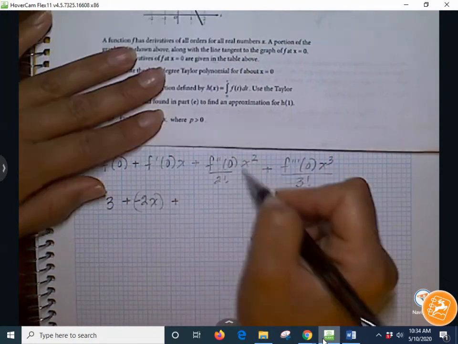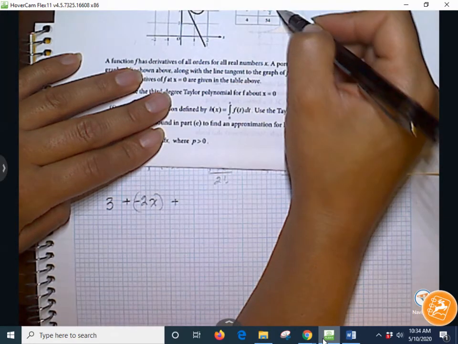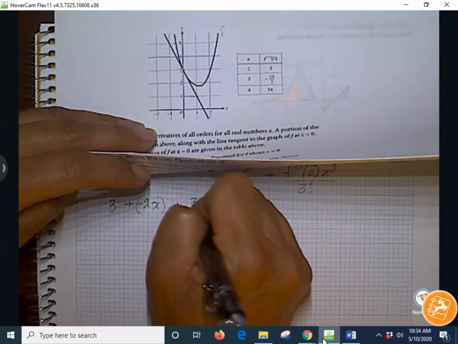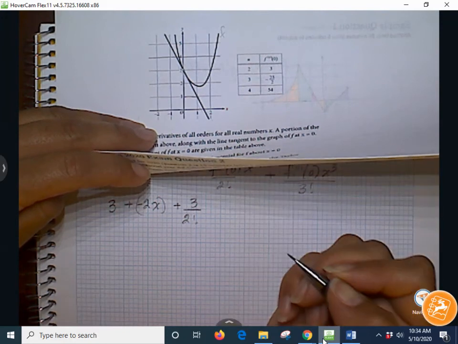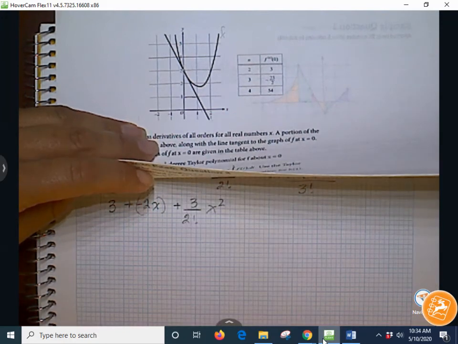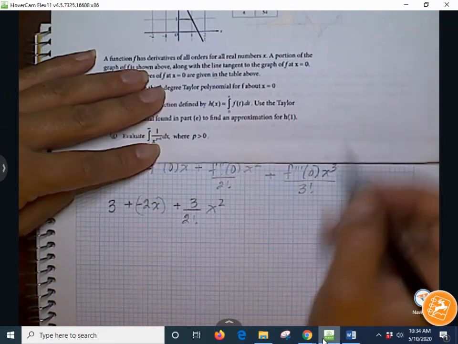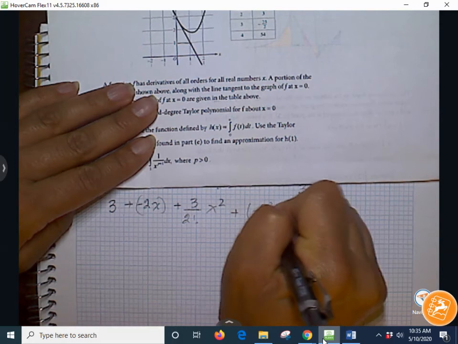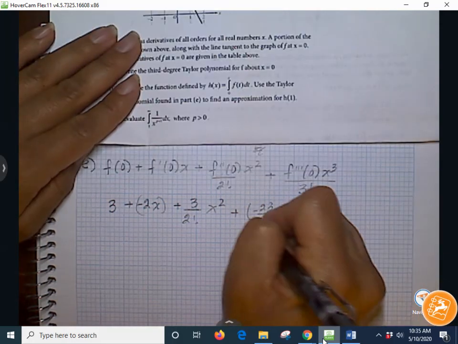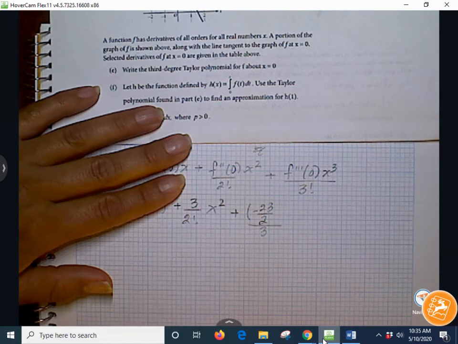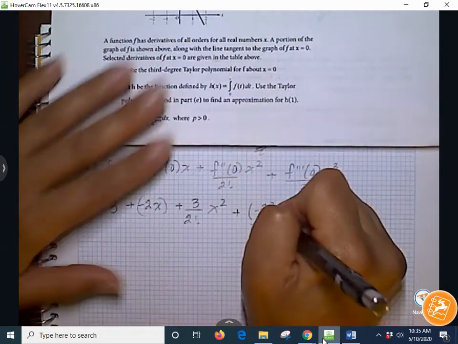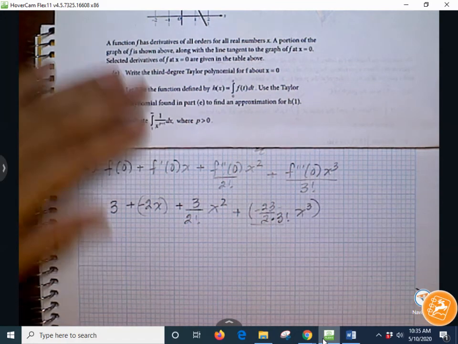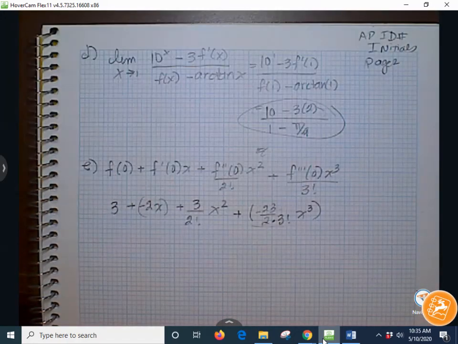Plus f double prime of 0. F double prime of 0 is 3. So it's going to be 3 all over 2 factorial, or 2, x squared. Okay? And then plus f triple prime is negative 23 over 2 all over 3 factorial, x to the third. You can leave it like that.